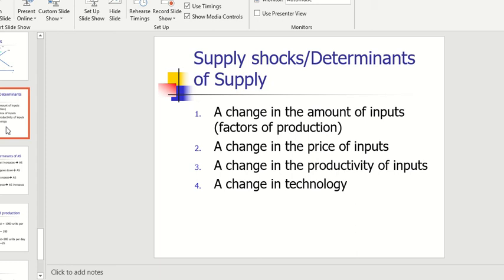A change in technology doesn't necessarily have to be some sophisticated technology. It doesn't have to be rocket science. It can be as simple as changing the way that people do things.